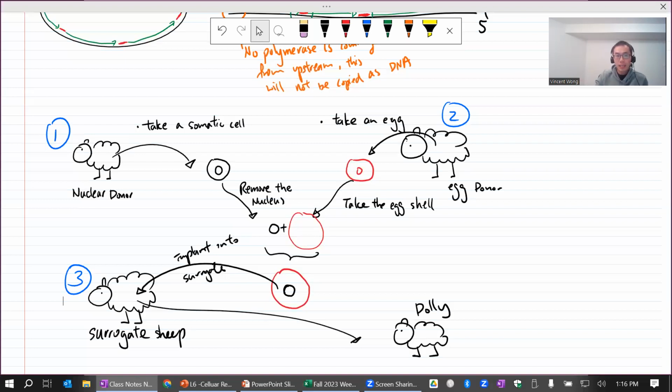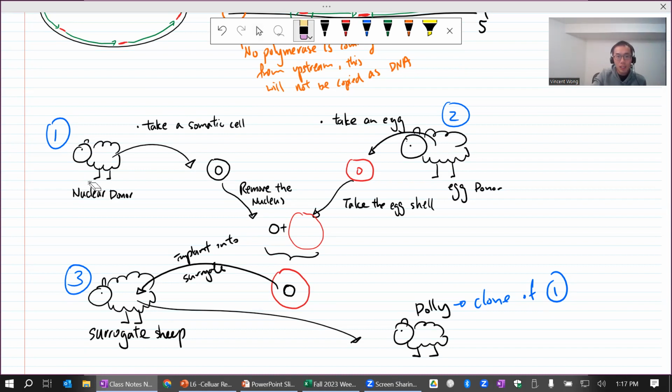But the correct answer is Dolly is clone of number one. It's gonna grow up to be exactly like this sheep, right? Genetically is the same. Why? Because that's the one that gave all the genetic information.